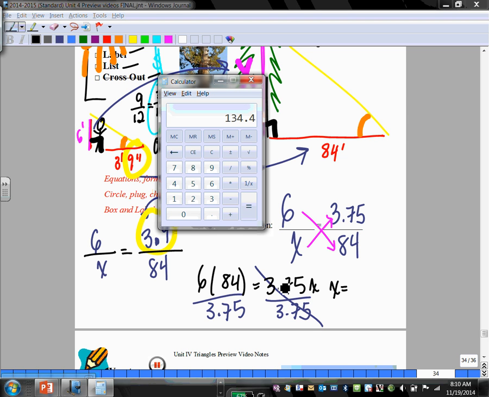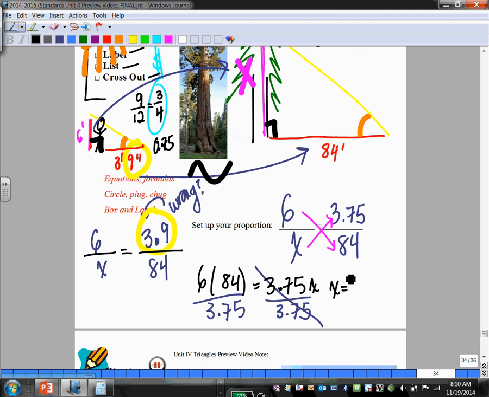And we get the height of our sequoia tree as 134 feet, 0.4. So that's 134.